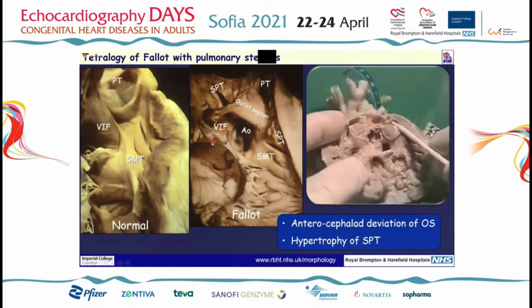So compared to the normal heart, as we see in the left-hand panel, we have the ventriculo-infundibular fold, septomarginal trabeculation, pulmonary valve here, no sign whatsoever of a hole here, of a ventricular septal defect, of course, because it's a normal heart. Whereas here you have a ventricular septal defect, and these structures seemingly have come out and separated from one another.